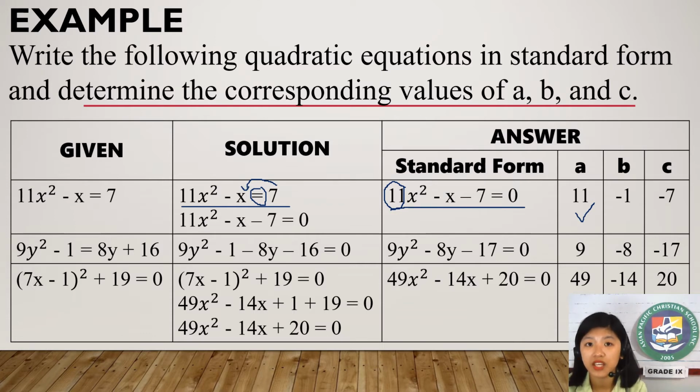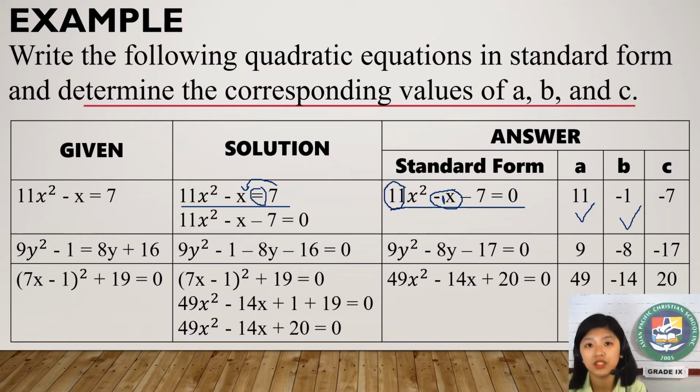Next, yung second term natin, yun yung plus bx. So, kung ano yung kasama ng x, yun yung magiging value ni b. So, dito, since walang kasama si x, ang meron lang tayo ay negative x. Kapag walang kasamang value, yung x, consider yan as 1. Kaya, ang ating value ni b ay negative 1.